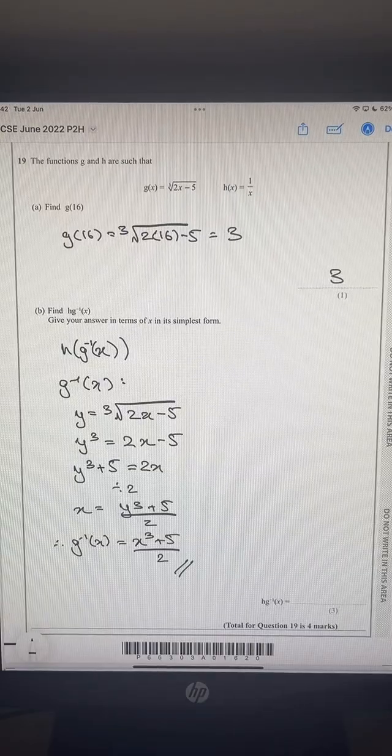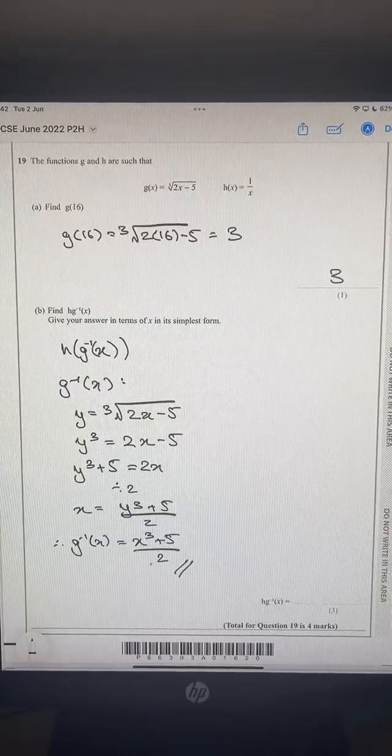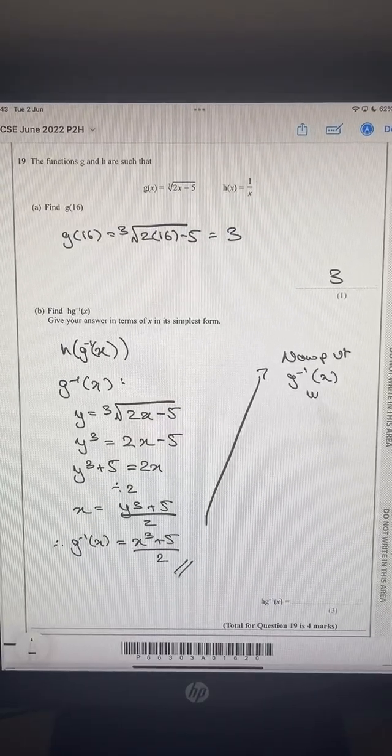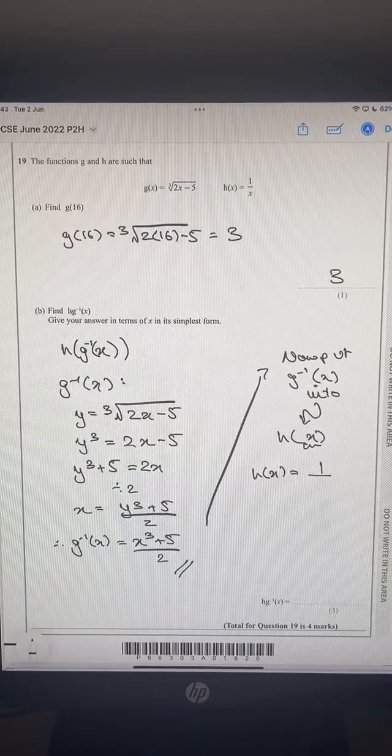Now using our little nesting dolls analogy, we put this function inside h of x. So now put g minus 1 of x into h of x. So we have h of x equals 1 over x.